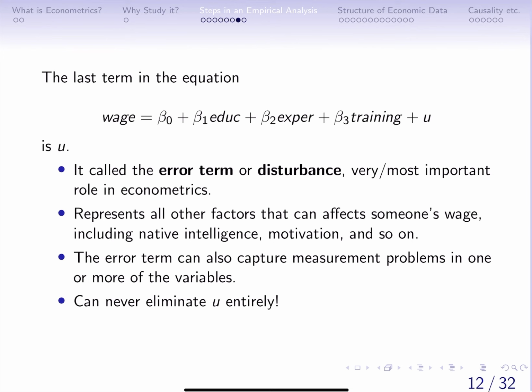So ironically, in statistics and also in econometrics or other applications of statistics, we focus a lot on that last term.